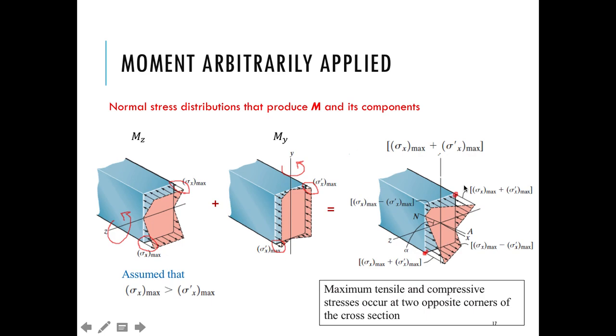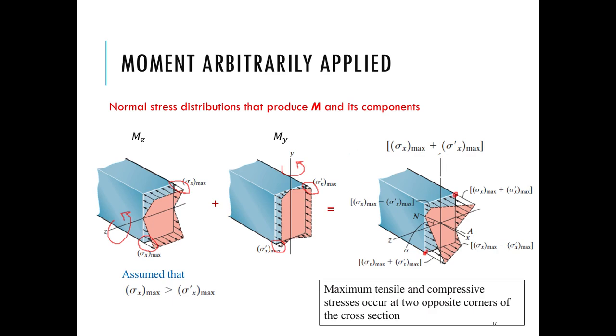Now looking at this, I can also spot that there are actually some points on the cross section at which there is zero normal stress. Of course, exactly the points on which there is no normal stress, or zero normal stress, are the points that lie on the neutral axis.